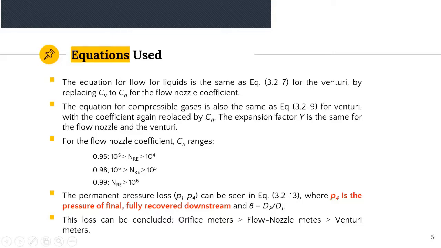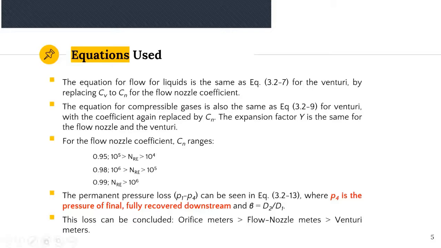But here we have P1 minus P4, which can be seen in equation 3.213, where P4 is the pressure of the final and fully recovered downstream. And beta here is D2 over D1. D1 is the pipe, and D2 is the throat.